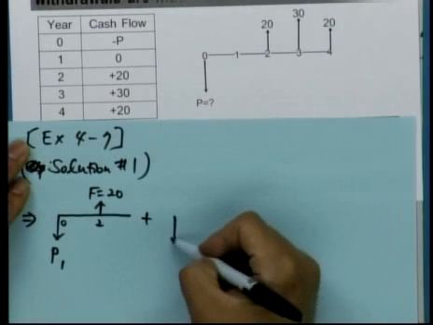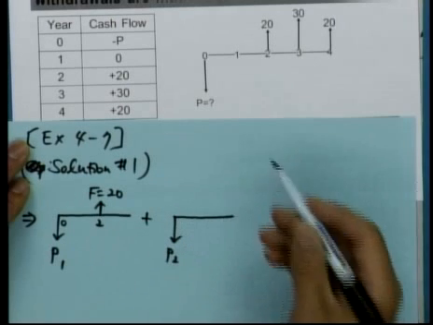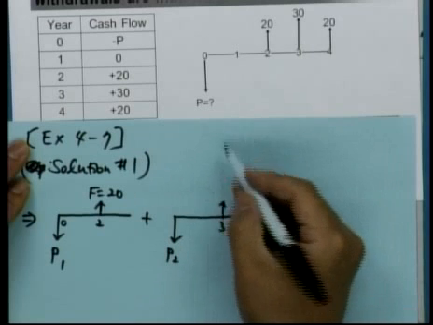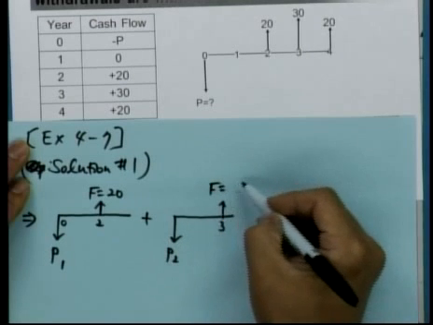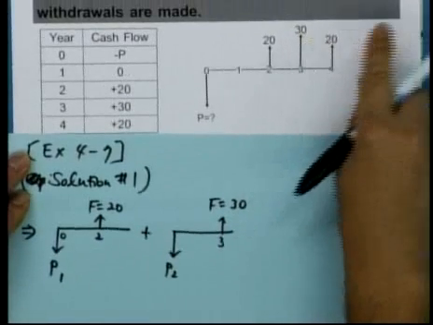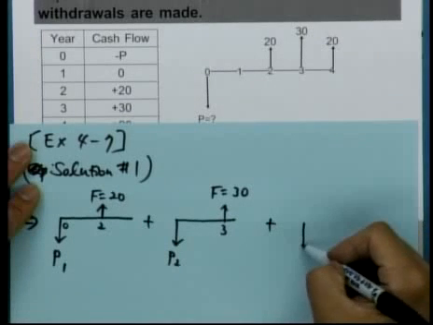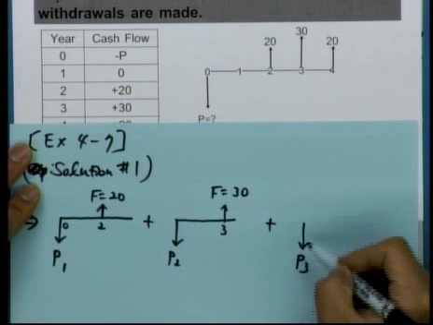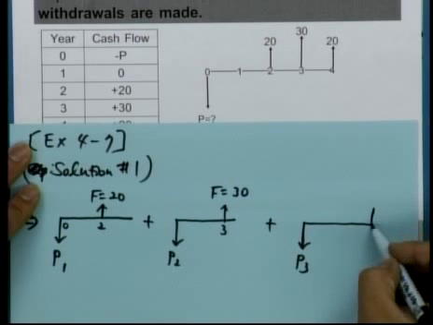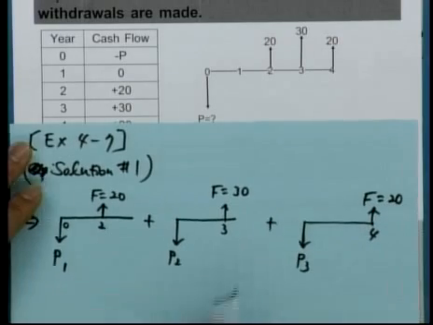Plus, let's say P2, and after 3 periods, another future sum of 30, right? Like here. Plus, let's say P3, after the 4th period, F equals 20. Okay.